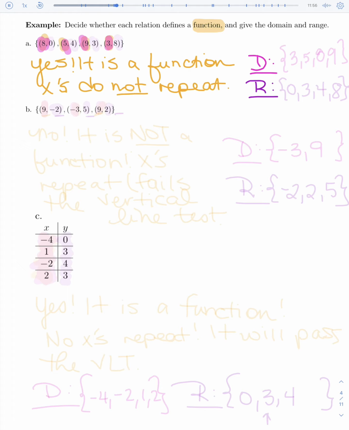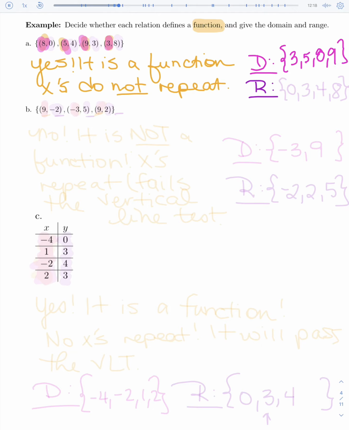So this means I want to use my list notation, which is those set braces. Well, I've got the numbers 3, 5, 8, and 9, and then I'll close my set braces.